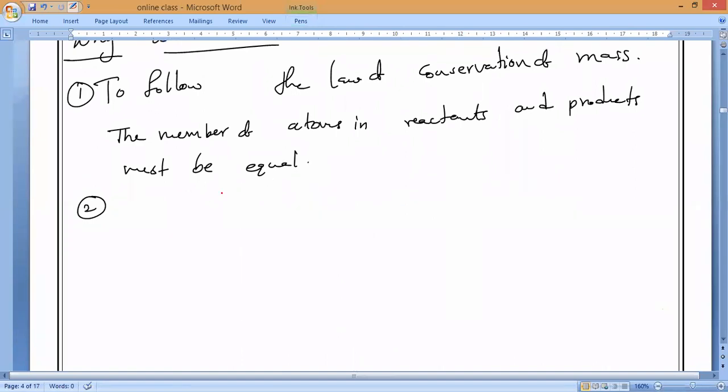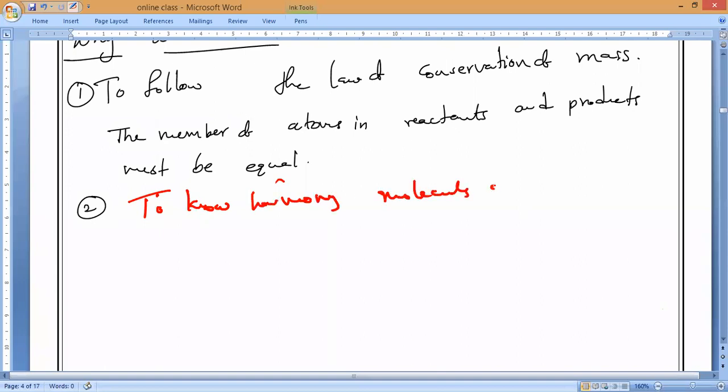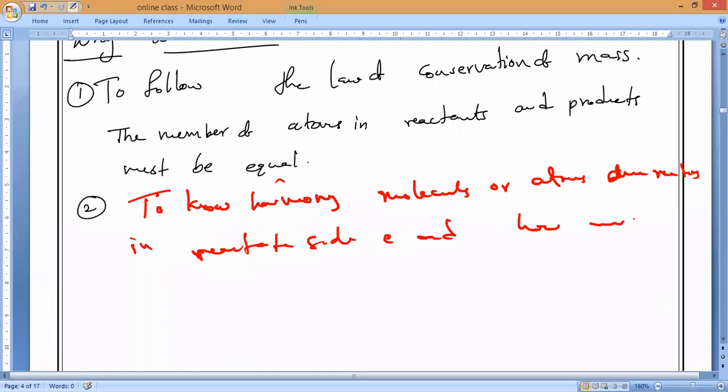So that is the second importance: to know how many molecules or atoms are reacting on the reactant side and how many molecules or atoms are obtained on the product side.